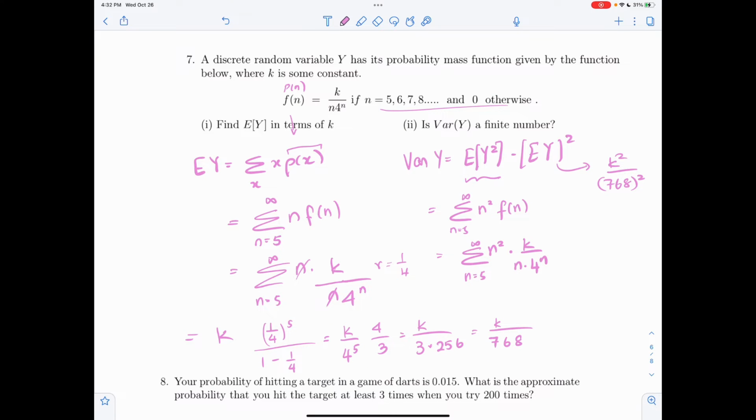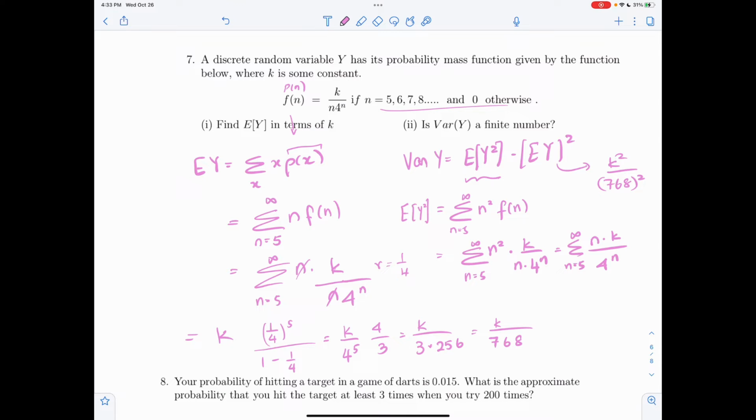Okay, so what will that be? All right, now look at this series. What do you have? That's just the expected value of Y squared. Okay. What do you have in this series? You have n over 4 to the n. Looking at this series, the numerator grows at a much slower rate than the exponential function in the denominator, and you could use the ratio test, for example.